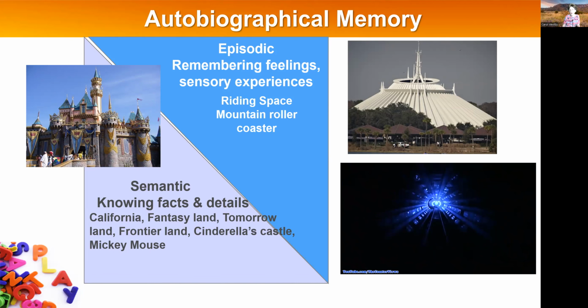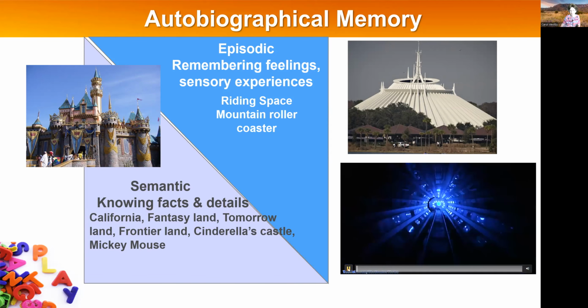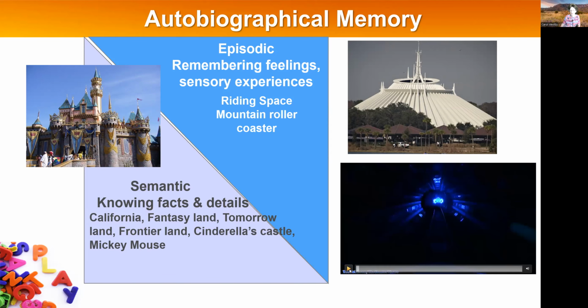There's the episodic aspect of the memory, and that's the feeling of being back there, the sensory experience. I have a strong autobiographical episodic memory of my first ride on Space Mountain. It's a fast roller coaster in the dark with annoying sound and bright flashing lights.